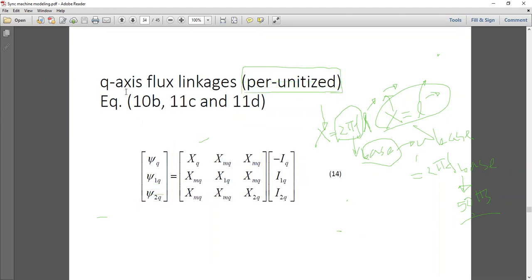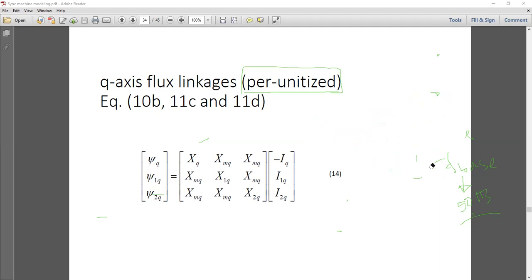And similarly, we are grouping the Q-axis flux linkages. One of the Q-axis flux linkages is coming due to the Park's transformation from the stator flux linkages, ABC frame. The other two are the damper coils, psi 1Q and psi 2Q. And again, here we see that all these mutual inductances or mutual inductive reactances are exactly the same. So this is the added advantage of per unitization.